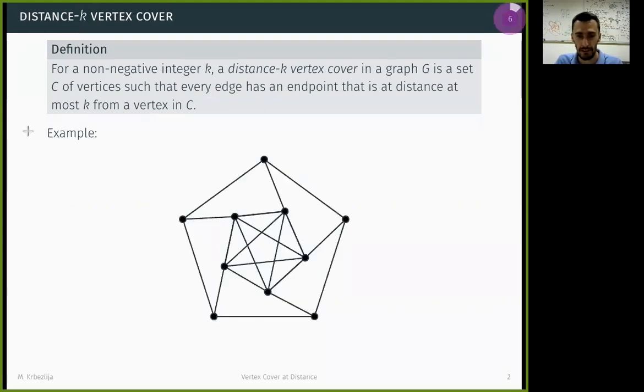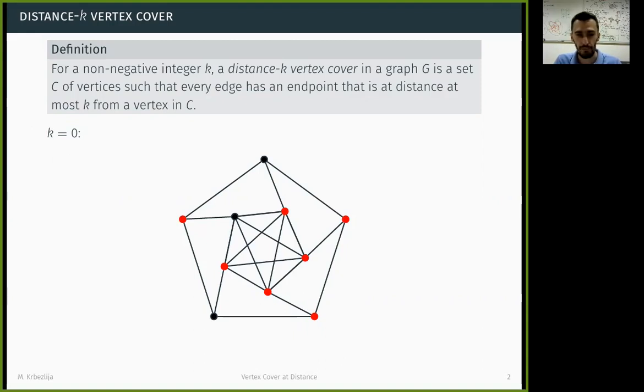Taking the same graph as before as an example, for k equals 0, the following set of red vertices is a distance 0 vertex cover because every edge has an endpoint that is at a distance at most 0 from a red vertex. An endpoint at distance 0 from a red vertex means that that endpoint is a red vertex. So the case when k equals 0, that is the distance 0 vertex cover, corresponds to the vertex cover.